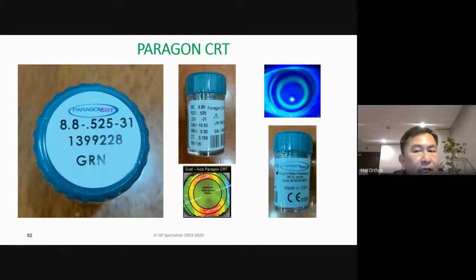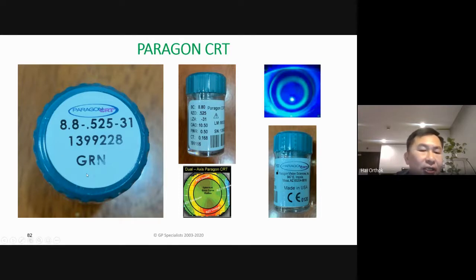It's very much equivalent to the troubleshooting of the IC lens with the alignment curve, but it uses the returning zone depth. The Paragon CRT also has the landing zone angle, which we can open or close to help centration of the lens or provide more tear for the lens. So it's very effectively designed for ortho-k treatment.